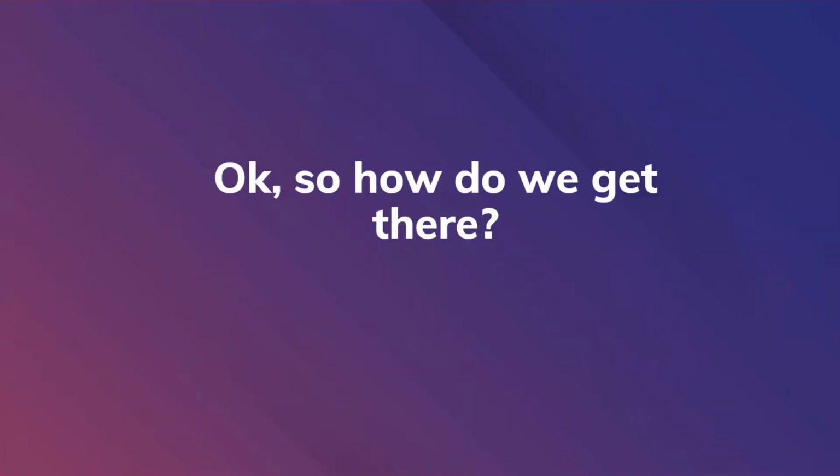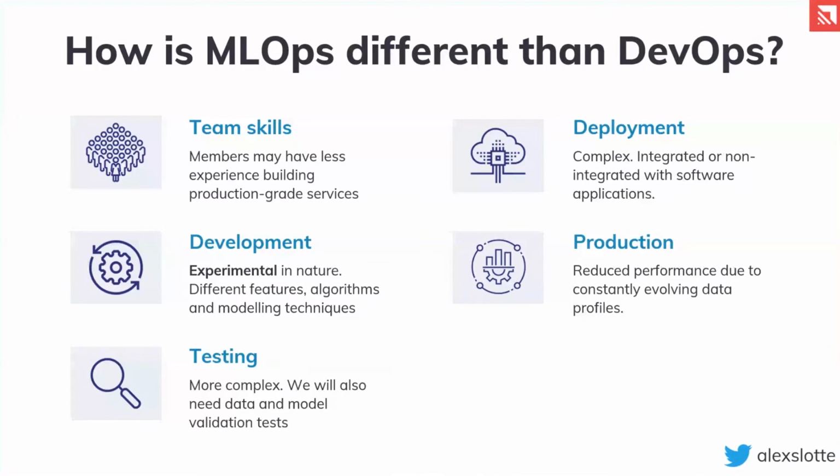All right, so how do we get there, right? Well, to think about how to get there, let's take a step back and think about what is different between MLOps and DevOps. Why are they different and how are they different? So in general, what is different between software engineering and machine learning engineering or data science? Well, first of all, when you look at a team of software engineers or DevOps in general, you tend to have people that do have some experience with production grade systems.